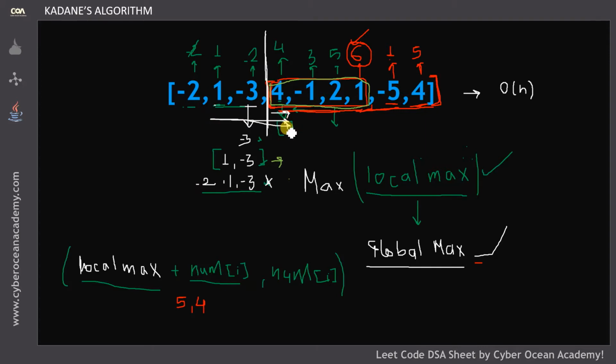So there are only two options, the local maximum plus 4, or 4 itself, because when you go forward we only consider the last value or the previous subarray. Here we find that 4 is maximum than this subarray 1 minus 3 comma 4, so we leave this subarray, we will not go forward with it, and the new subarray starts from this index.